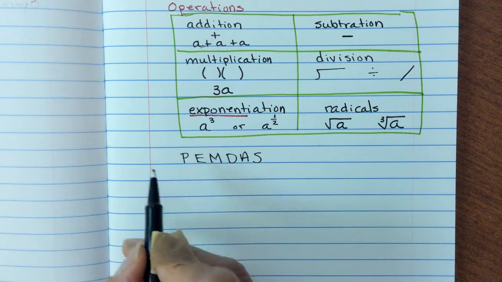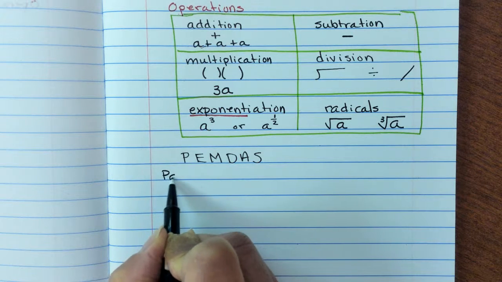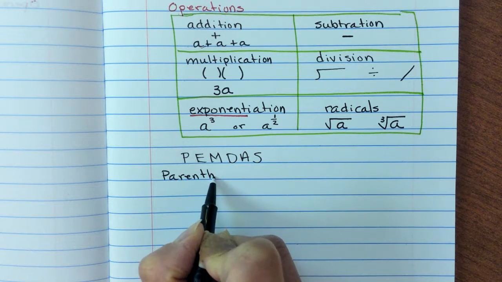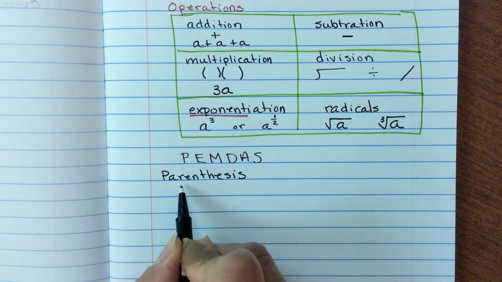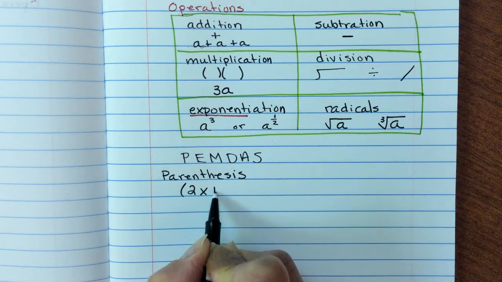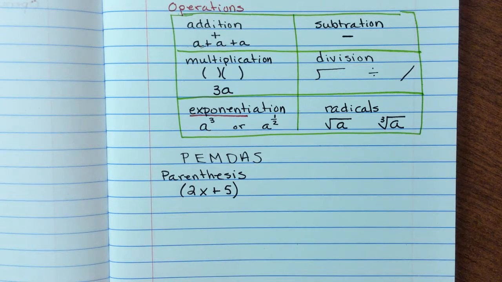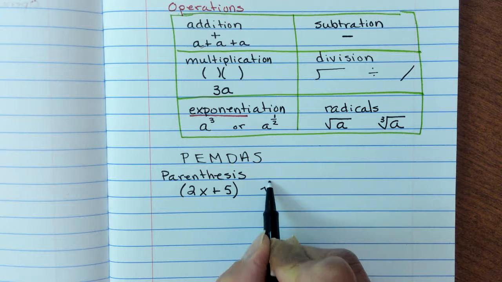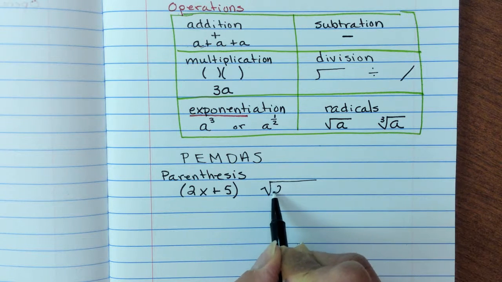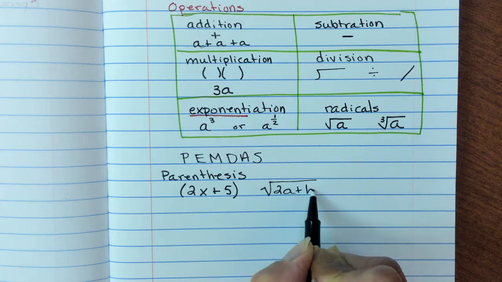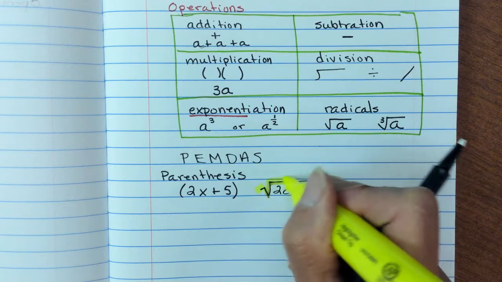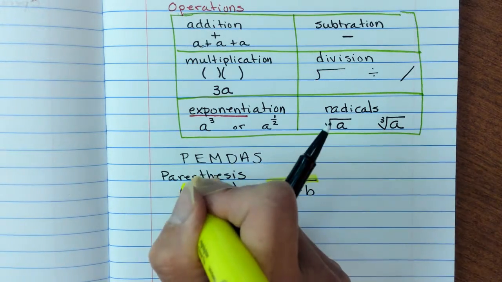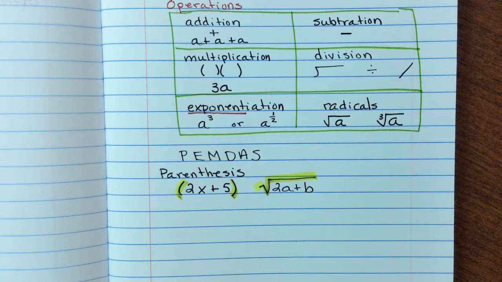So the first one, the P, is parenthesis. So I'm going to write that down. The parenthesis. And we can think of that as something like 2x plus 5. But we can also think of this as a grouping. So our radical, any radical, is also a grouping. So this radical here is acting as a grouping, just as our parentheses is acting as a grouping.